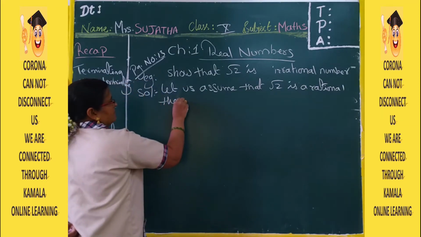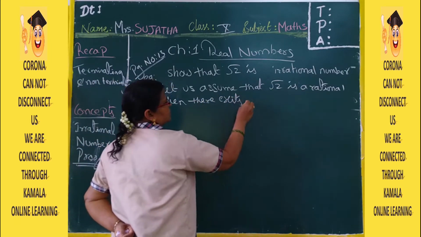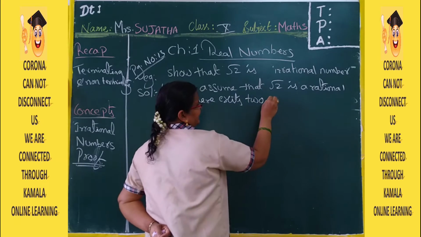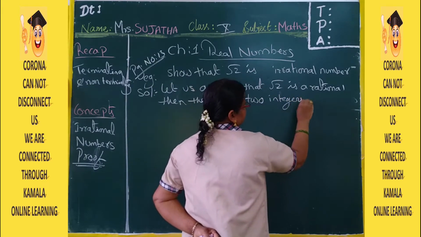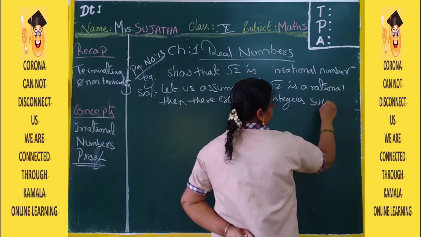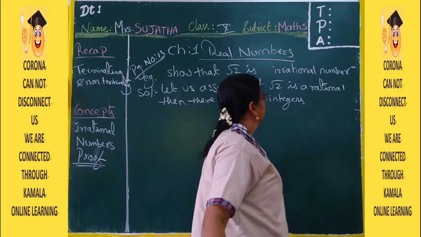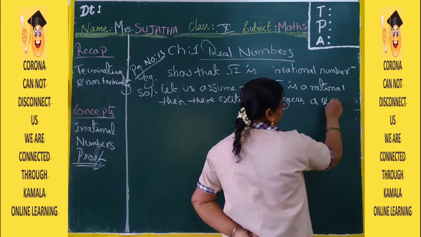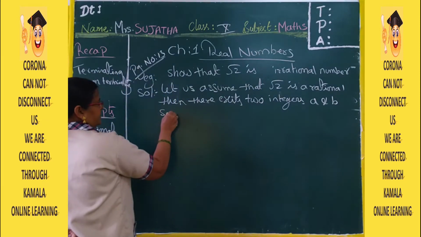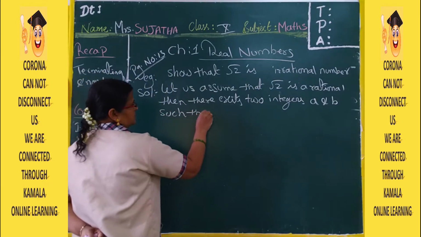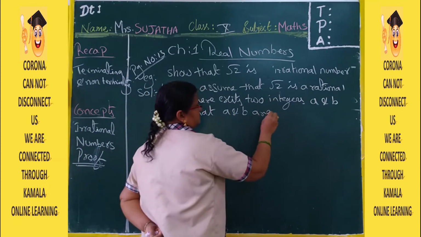So, let us assume that root 2 is a rational number. Then there exist two integers a and b such that a and b are co-primes.